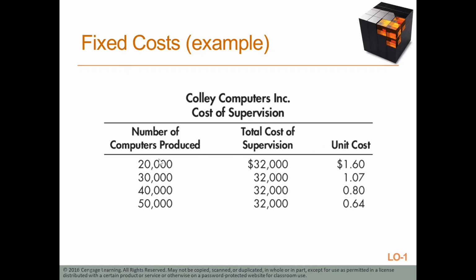This number divided by this number is this number, which decreases, and then decreases again when the number of computers produced increases. So that's the nature of the fixed cost. The total will remain the same, but per unit it will change inversely with changes in volume.